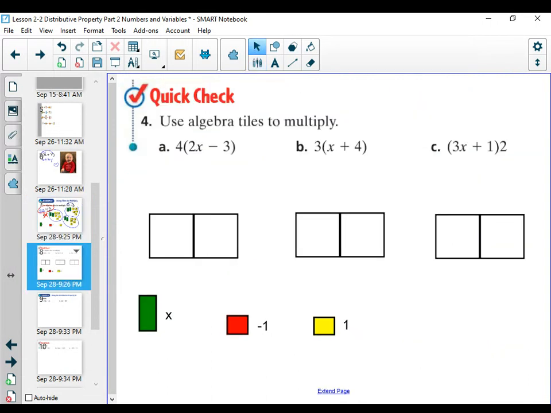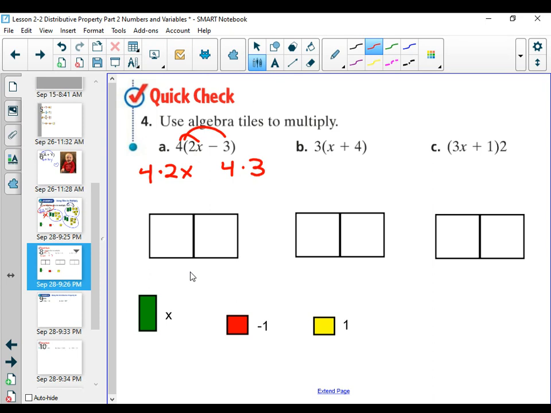Also, when you're solving these problems, one way to think about it is these boxes. I need an answer for each box. I do not have just one answer at the end like 7. Nope, I do not. The number on the outside times both numbers on the inside. 4 times 2x, 4 times 3. 4 times 2x, 8x. 4 times 3, 12.